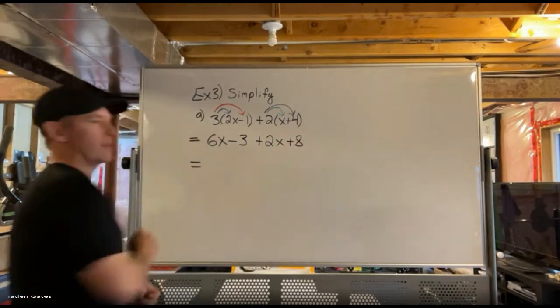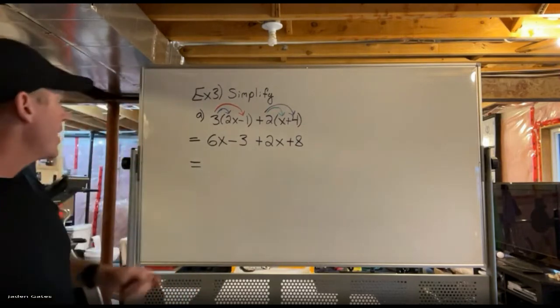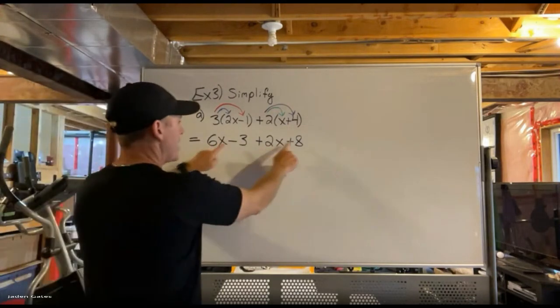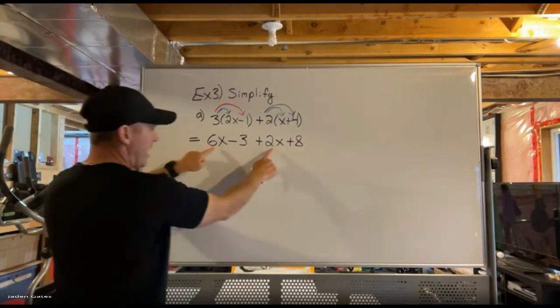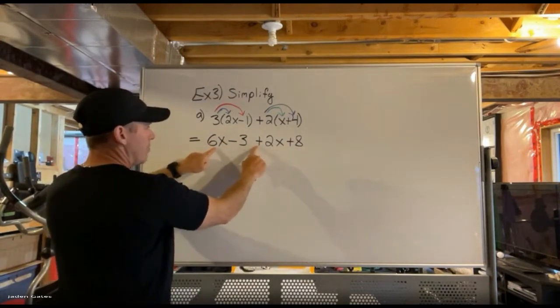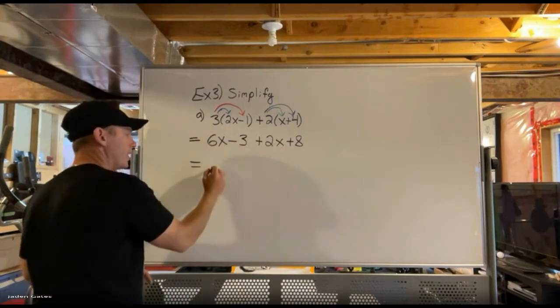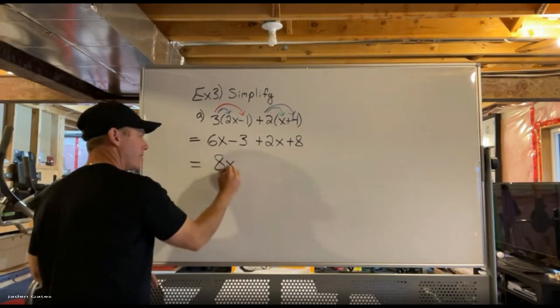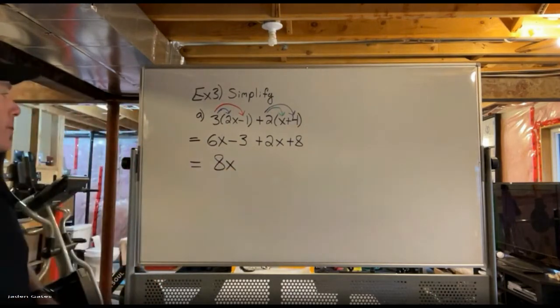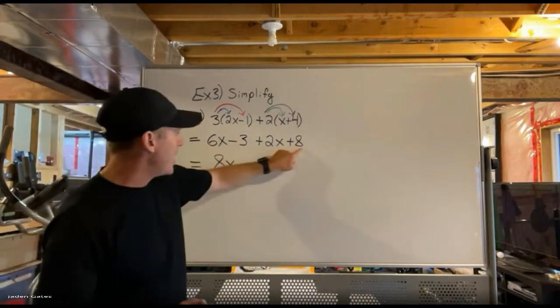We're not done yet. Because now, again, here's where we're collecting like terms, as it's called. And so I have x's and I have numbers. So I put my x's together first, again, watching our signs, but I have 6x plus a 2x. Well, if I have 6 of something and 2 of something, and I put those together, I have 8 x's. And then my numbers. I have a -3 and a +8.